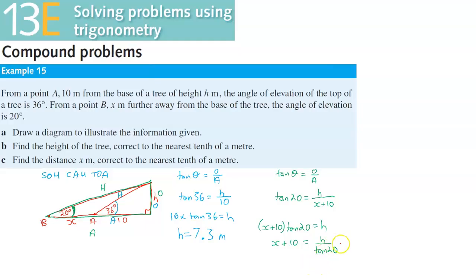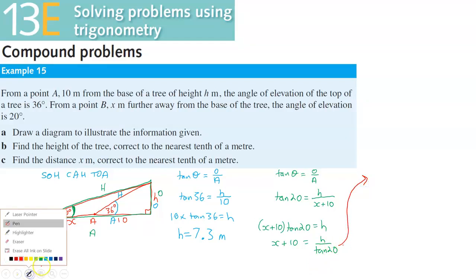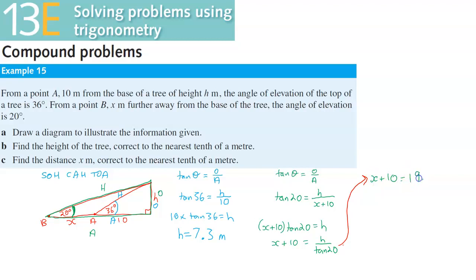So if I move up to here, I had x plus 10 equal to 19.961. Then I subtracted 10 from both sides, which gave me 9.961. Then I need to round to the nearest tenth of a metre, so x equals 10.0 metres.